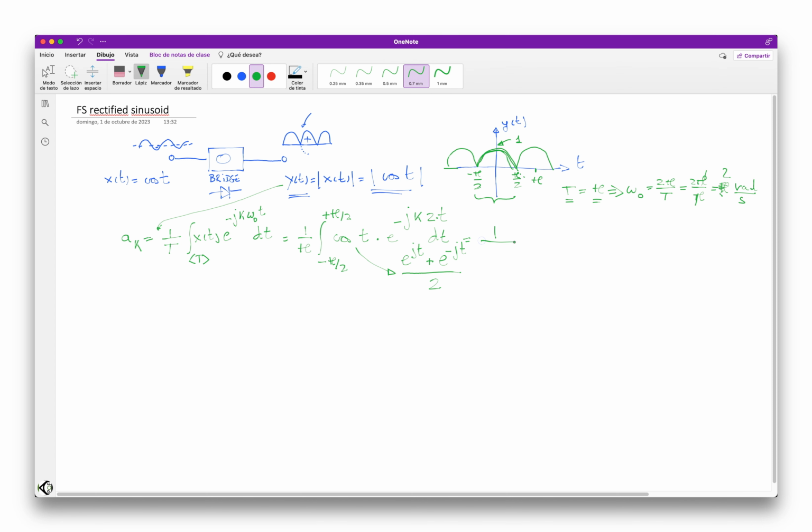It's an immediate one, so it's just 1j divided by 2π, and then we have two terms here.